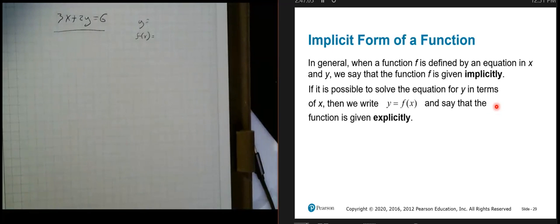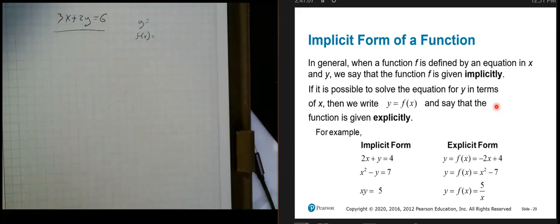99% of the functions you will deal with are the explicit form. Sometimes you will deal with the implicit form, especially when we're dealing with systems of equations.